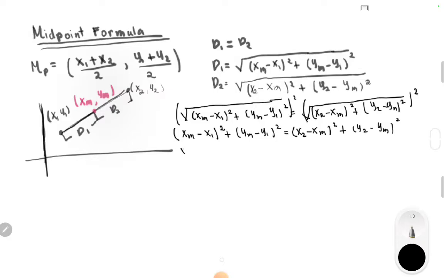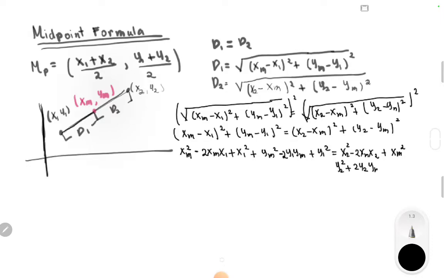So from here, I will have xm square minus 2xm multiplied by x1 plus x1 square plus ym square minus 2y1 multiplied by ym plus y1 square, which is equal to x2 square minus 2xm x2 plus xm square, and we have y2 square minus 2y2 ym plus ym square.